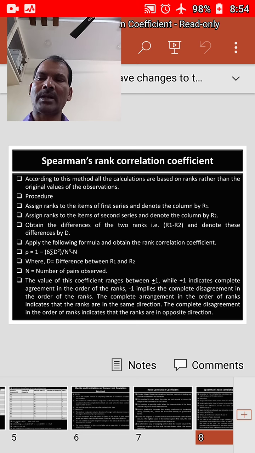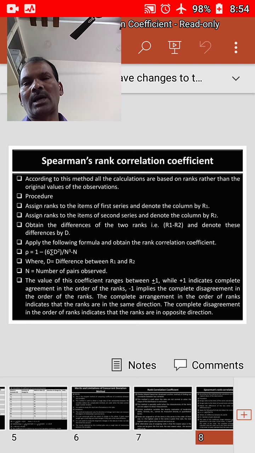Assign ranks to the items of the first series and denote them by R1. Assign ranks to the items of the second series and denote them in a column by R2. Obtain the differences of the two ranks, that is R1 minus R2, and denote these differences by D.